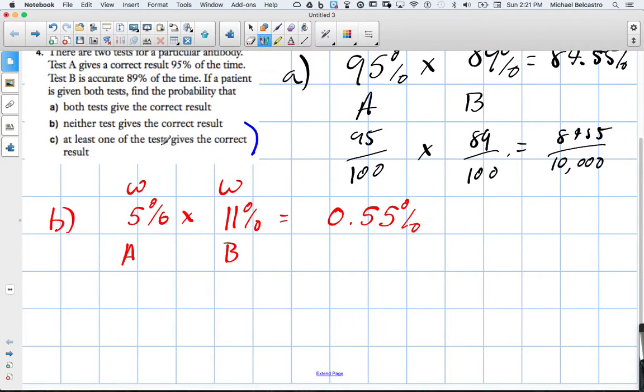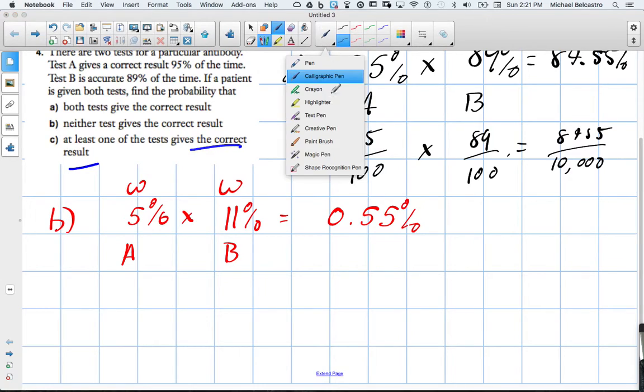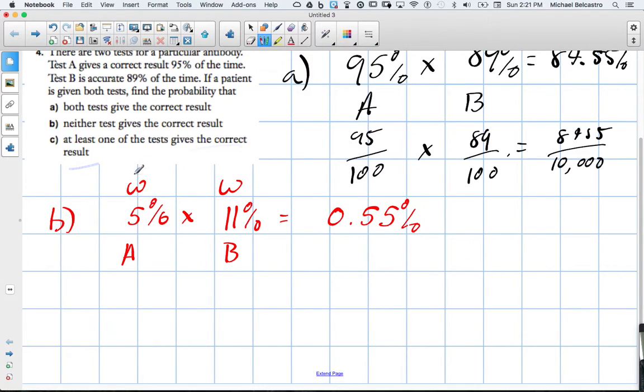At least one of the tests gives a correct answer. Okay, at least one of the tests. So what that means is there's a couple of different ways we can solve this. We can go through all the different options. We can say, what's the probability test A is correct, but B is not?